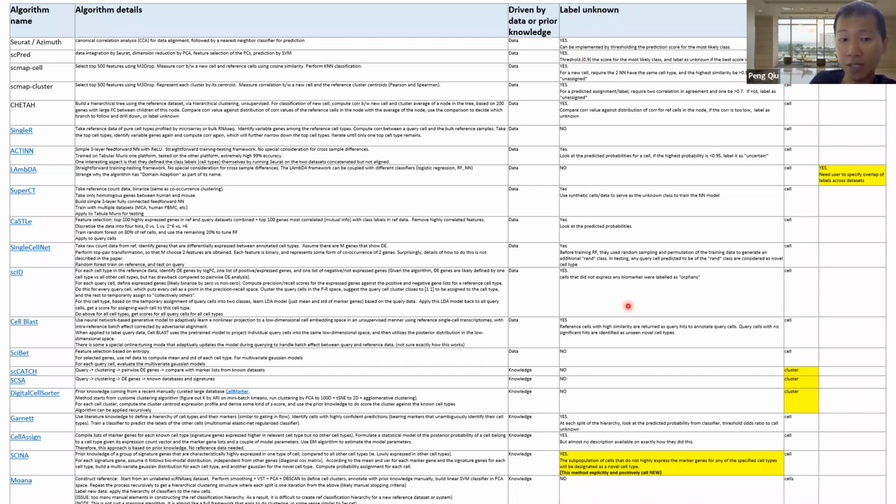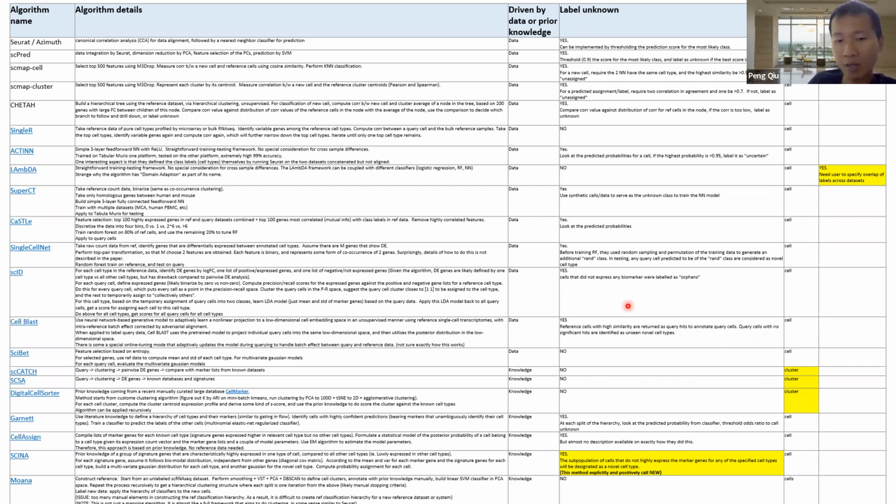So I think this logic is fine, but I think a more active way of annotating an unknown is that, for example, if I have a reference data set of 10 cell types, then when I try to annotate a new cell, I actually want to directly produce 11 probabilities. What is the probability of this new cell belonging to each of the 10 cell types, plus the probability of this new cell really representing something novel? And I want these 11 probabilities to sum up to 1.